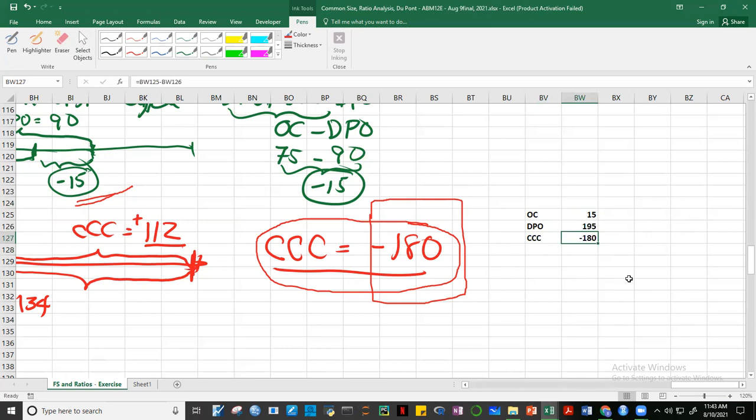So it's negative 180. Doon galing yung negative 180. So ang ibig sabihin niyan guys, nakaka-collect na tayo in 15 days. Most probably hindi tayo nagbibigay ng terms. Pero yung terms natin sa suppliers natin on the average 195 days. 'Di ba? Ang saya-saya kasi magagamit pa natin yung pera natin ng 180 days bago natin babayaran yung suppliers.